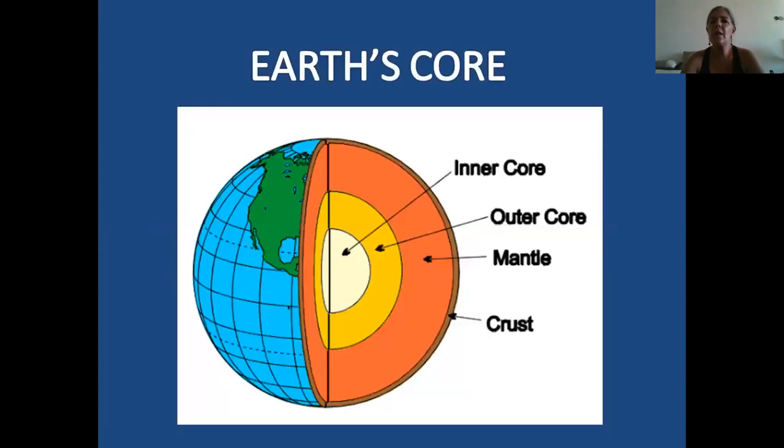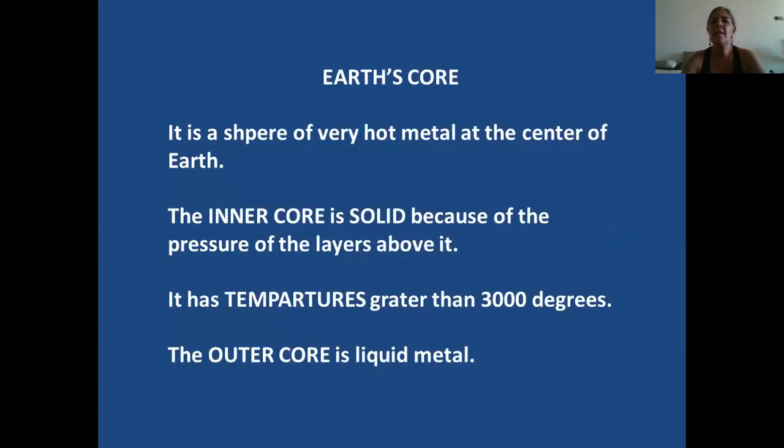So we're going to start with the Earth's core. You can see here it's the most inner part of the Earth, represented by the light yellow and the dark yellow circles. Earth's core has the inner core and the outer core, but the two together are known as Earth's core. It is a sphere of very hot metal, right at the center of the Earth.